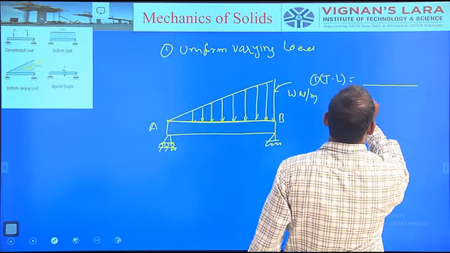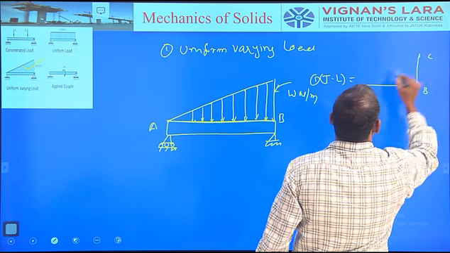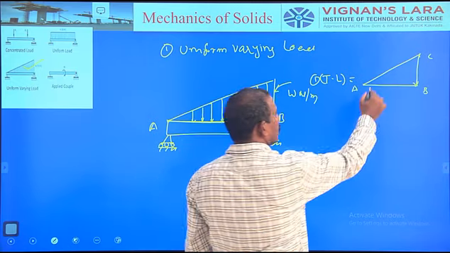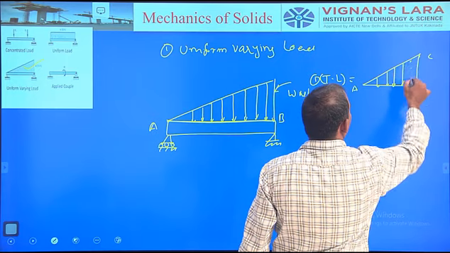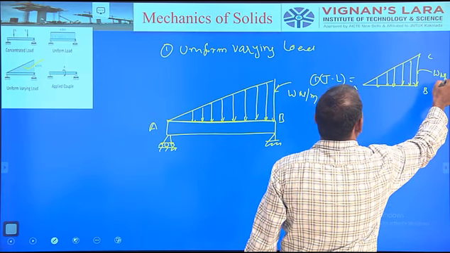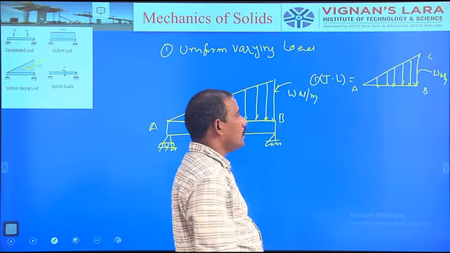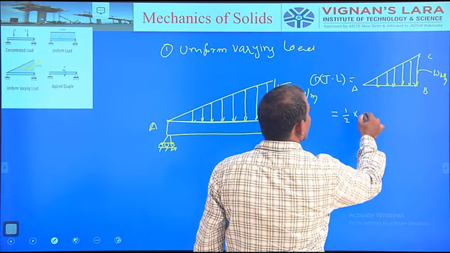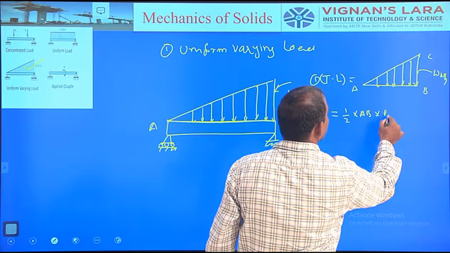This is A, this is B, let us assume this is C. It looks like a right angle triangle. This is the rate of loading, W newton per meter. So what about the area of the triangle ABC? That is half into base into height, here the height is BC.